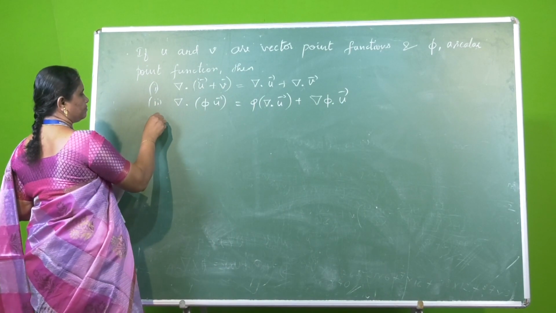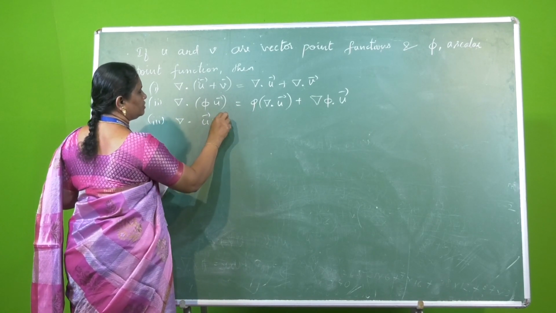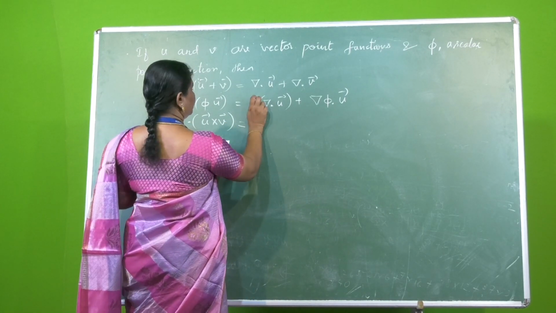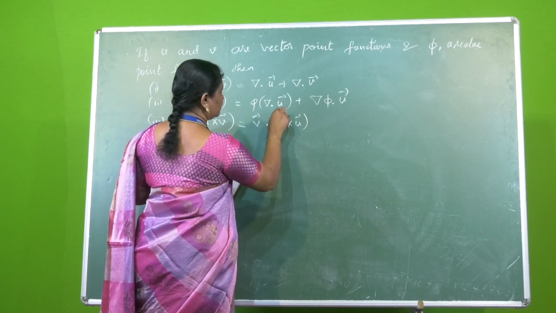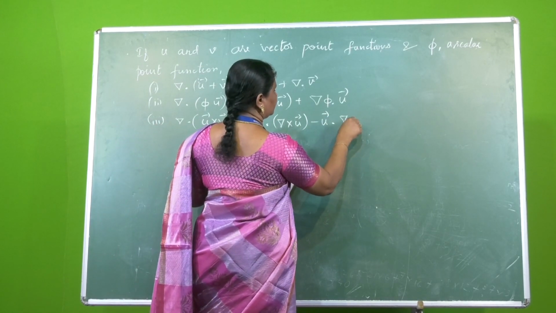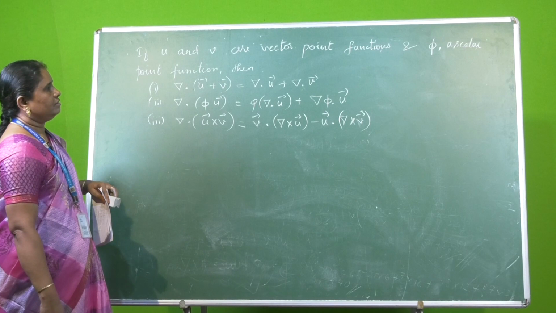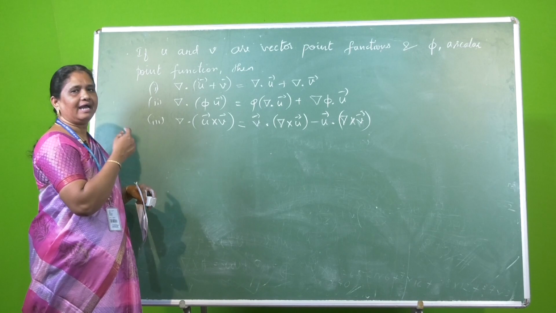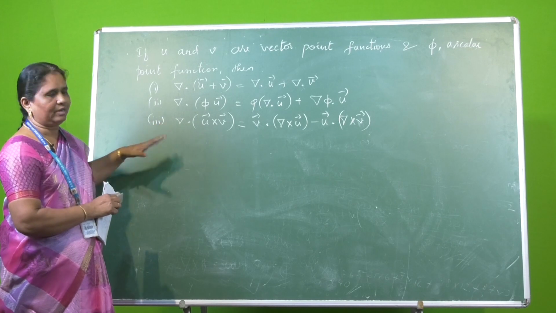And the third one, del dot u vector cross v vector is equal to v vector dot del cross u vector minus u vector dot del cross v vector. So the second set of formulas are, if u and v are vector point functions and phi a scalar point function, then we can prove these 3 formulas.